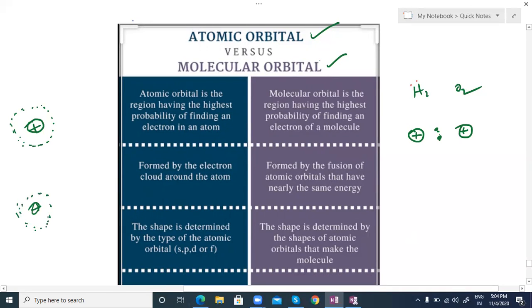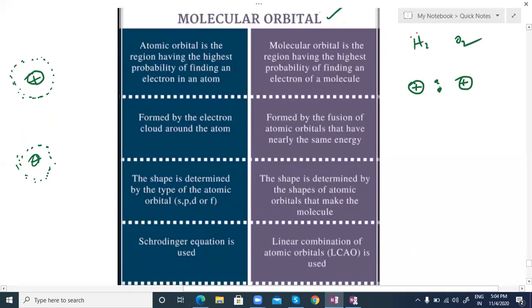All these things we discussed in atomic structure. The shape of a molecular orbital is determined by the shape of the atomic orbitals that make the molecule, like tetrahedral, which we are discussing now. Atomic orbitals, their structure and their energies are all decided by the Schrodinger equation. But here, molecular orbitals we explain by using the linear combination of atomic orbitals theory.